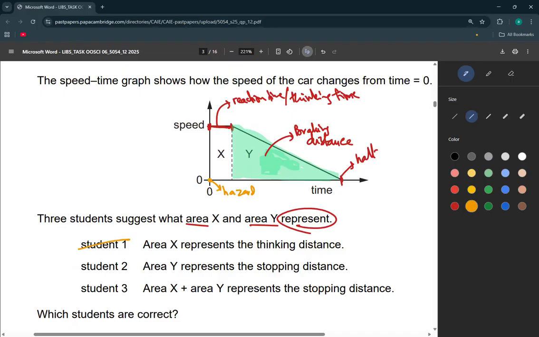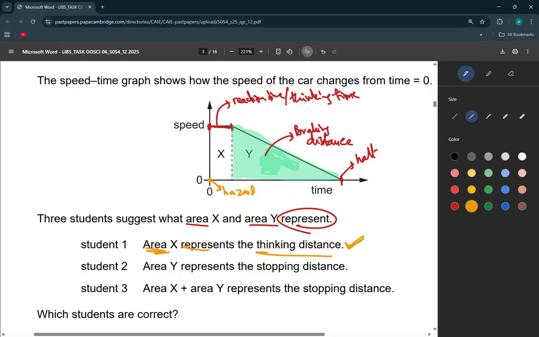Student one. Okay. So the student one is saying that area X represents the thinking distance, correct?